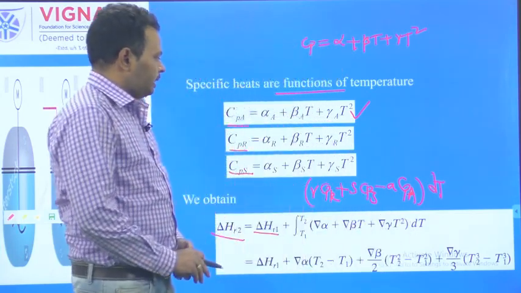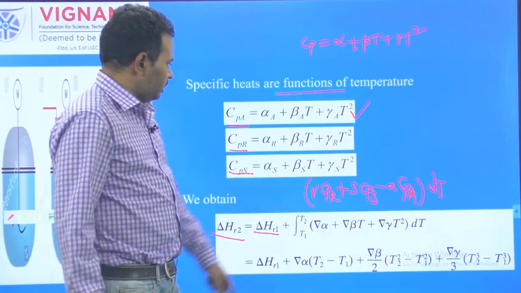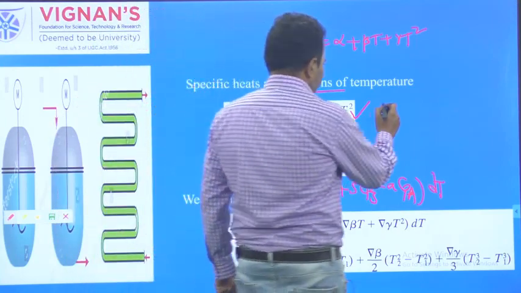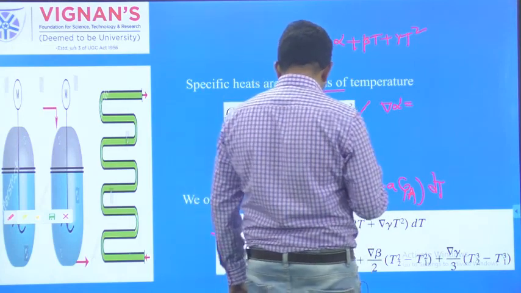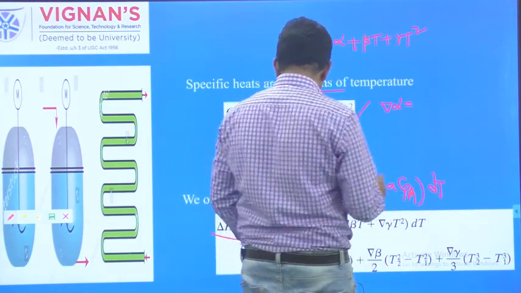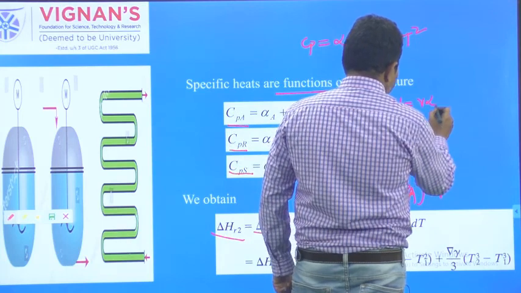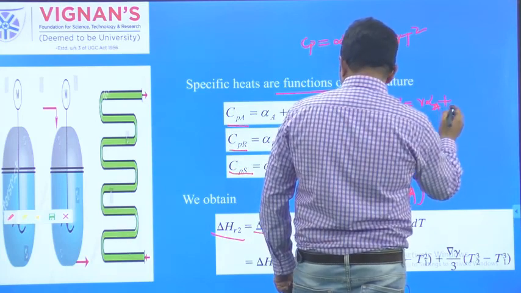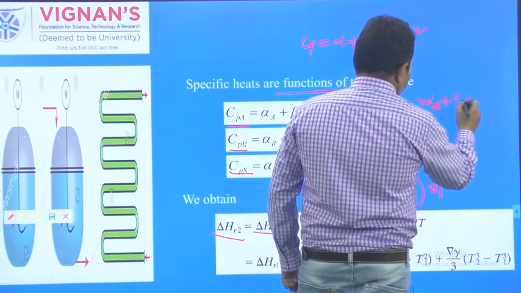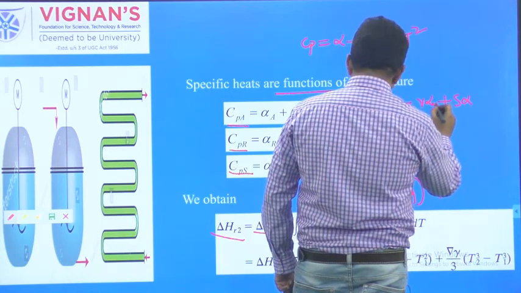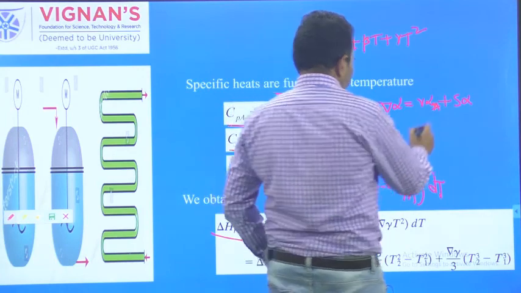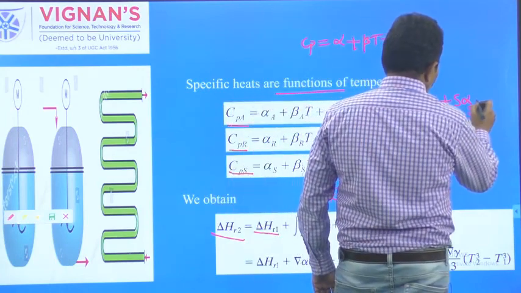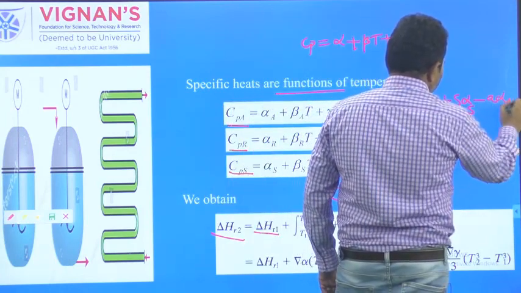Here you can obtain del alpha as R into alpha R plus S into alpha S minus A into alpha A. This is the del alpha.